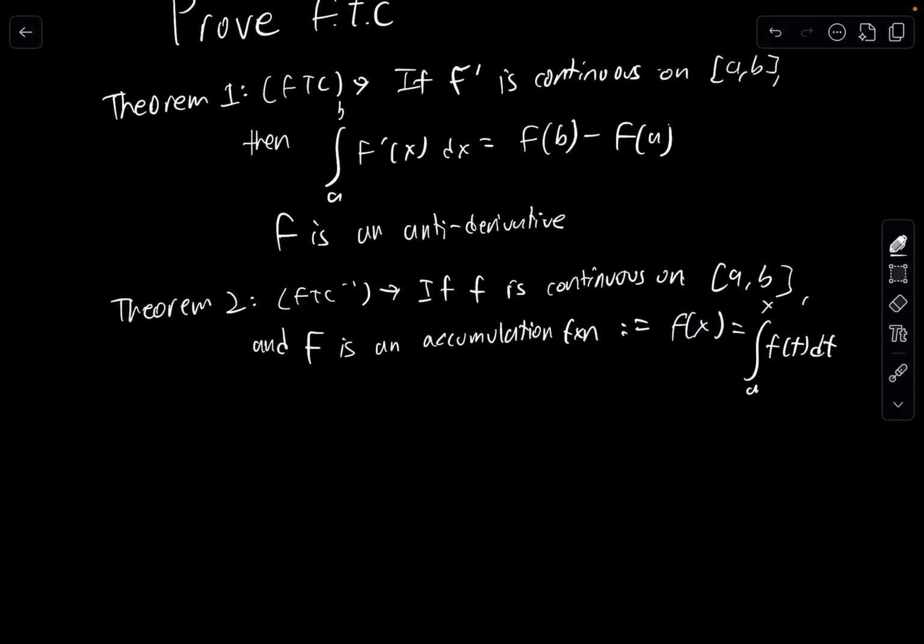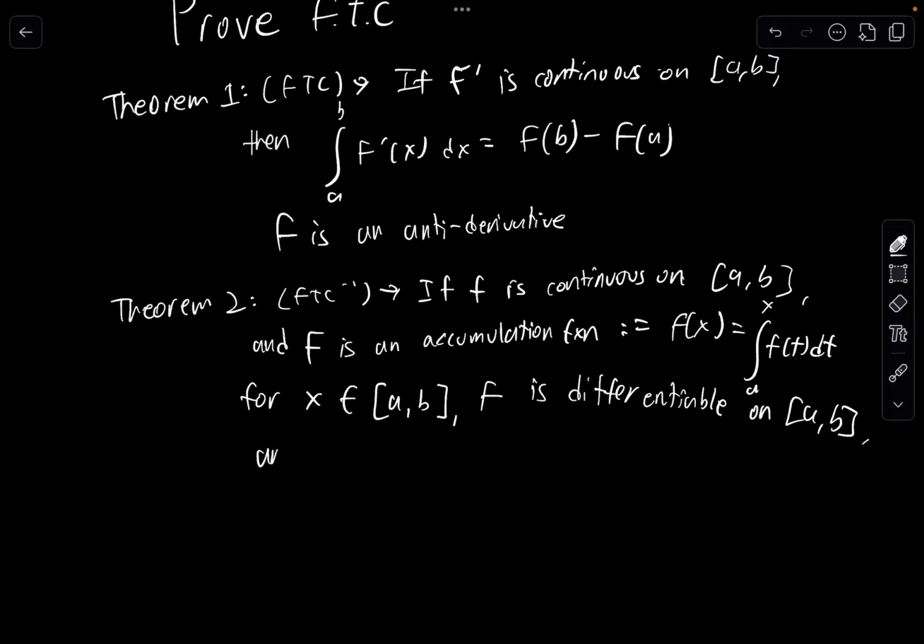and all that we're saying here is that for all x in [a, b], or better notated as this, then cap F is differentiable on [a, b], and its derivative is just f of x.